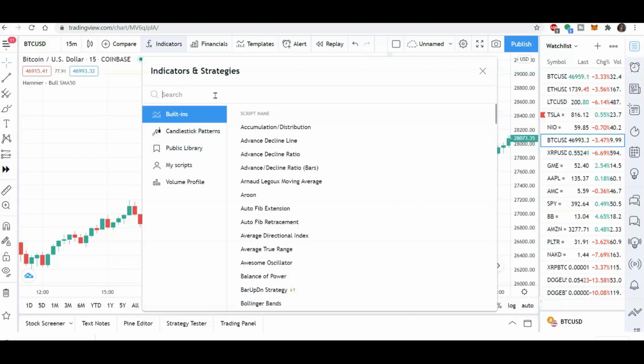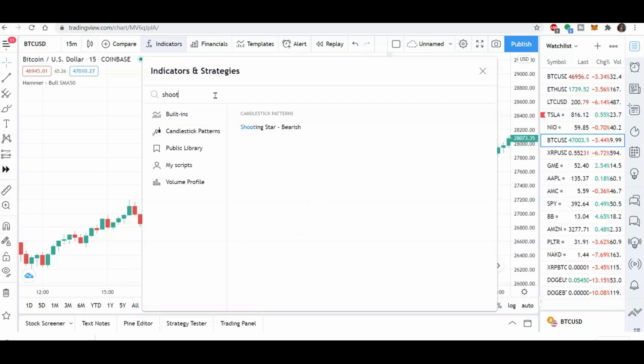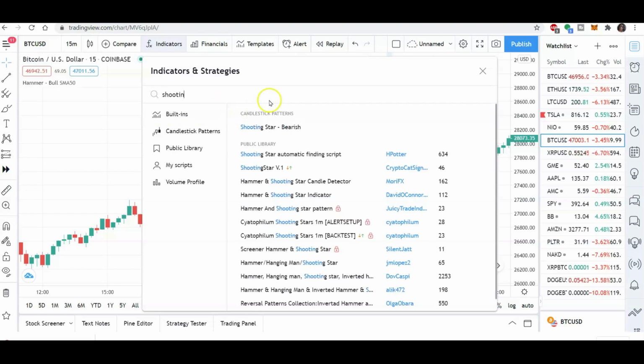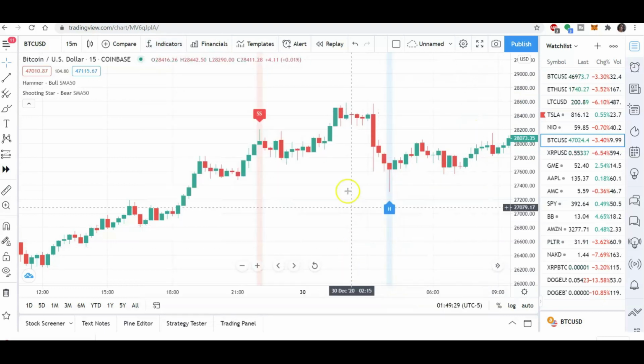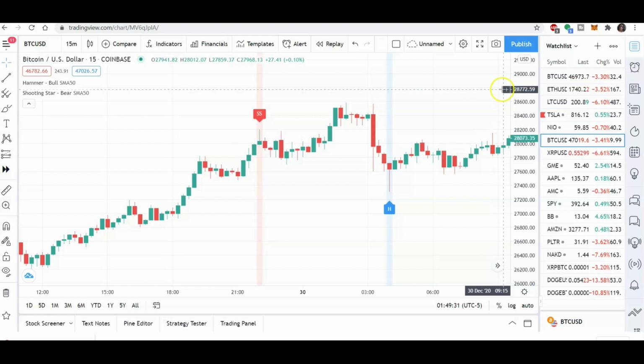We'll also type in shooting star. We do that and that comes up right here. We'll click on that as well. So that gives us our indicators. As soon as we do this, our chart immediately highlights the hammer candlestick pattern and the shooting star candlestick pattern.